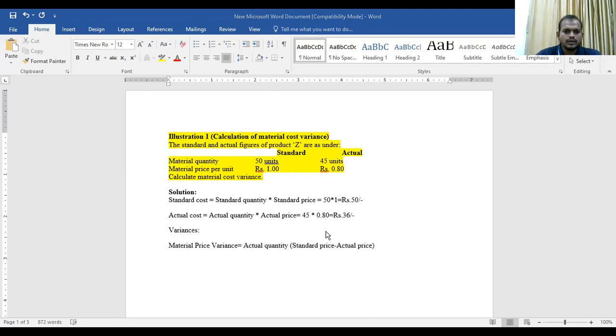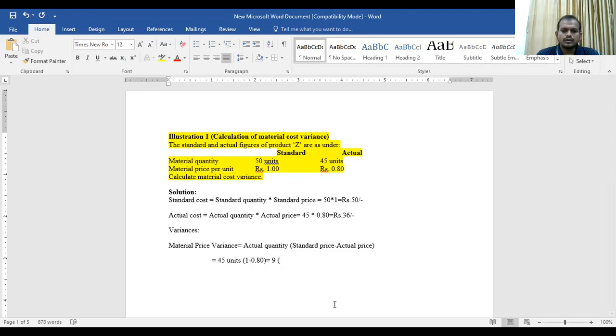So actual quantity is 45 units, standard price is 1, actual price is 0.80. Into 1 minus 0.80, the answer is 9.